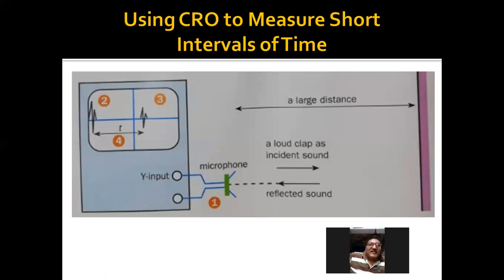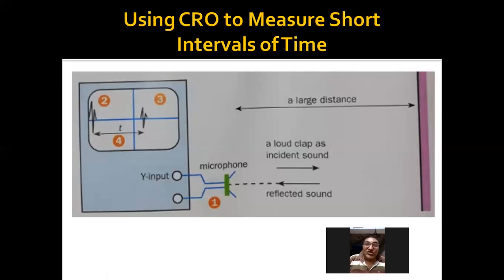In real life, if this wall is not that far away, the original sound and the echo both come in a very short interval of time. So with the help of a stopwatch, you cannot measure the time lapse between the original sound and the echo.